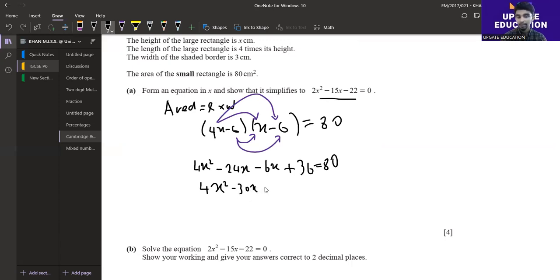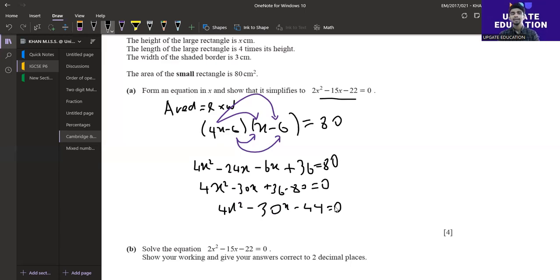And I have a plus 36, and I'll put minus 80, which is equal to 0. Then I reform my equation: 4x squared minus 30x, and plus 36 minus 80 will give me minus 44, which is equal to 0.